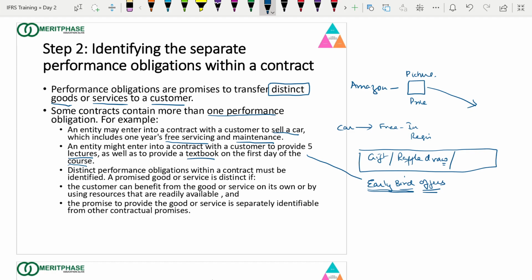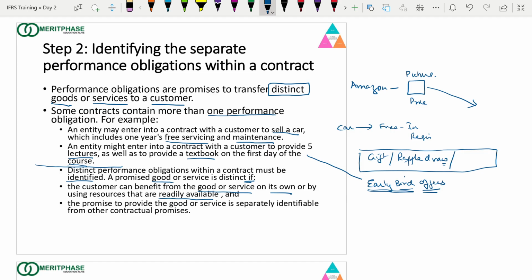What it says is that when we attach another performance obligation to the contract, you have to be very specific. A distinct performance obligation within the contract must be identified. A promise of goods is distinct if the customer will get the benefit of the goods and service on its own by using resources that are readily available.